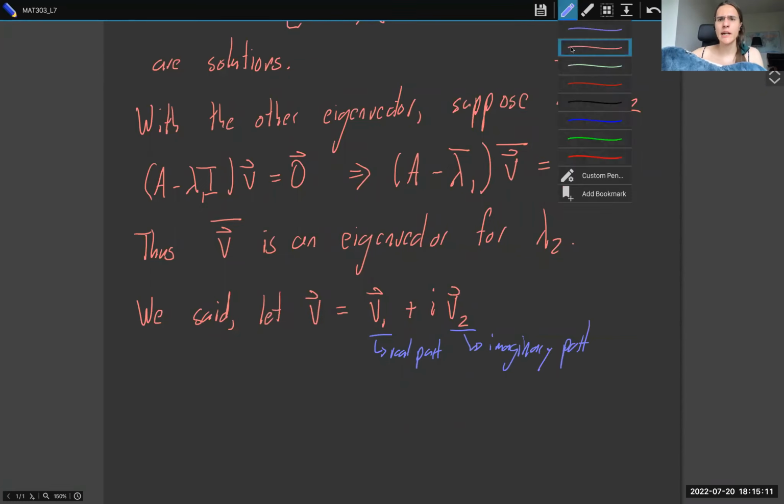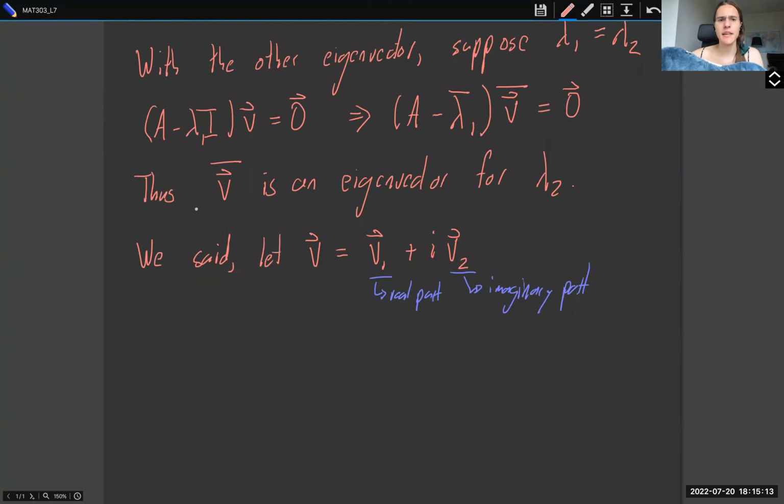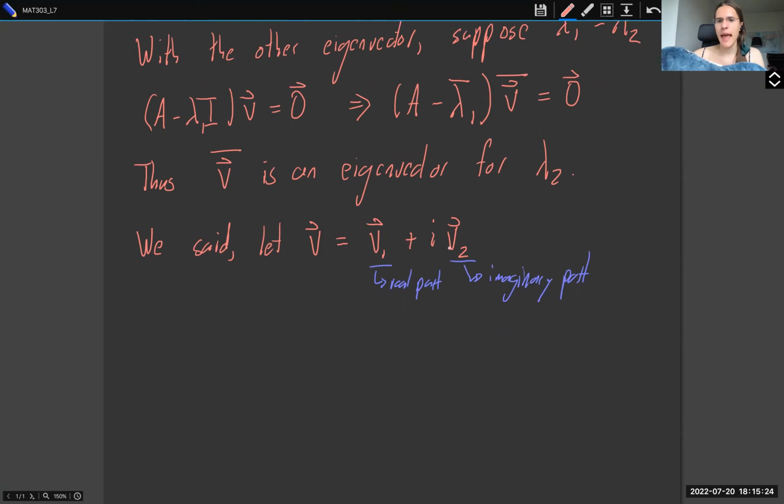Then what we saw is that for the conjugate roots, the eigenvector would be V1 minus i V2, right?